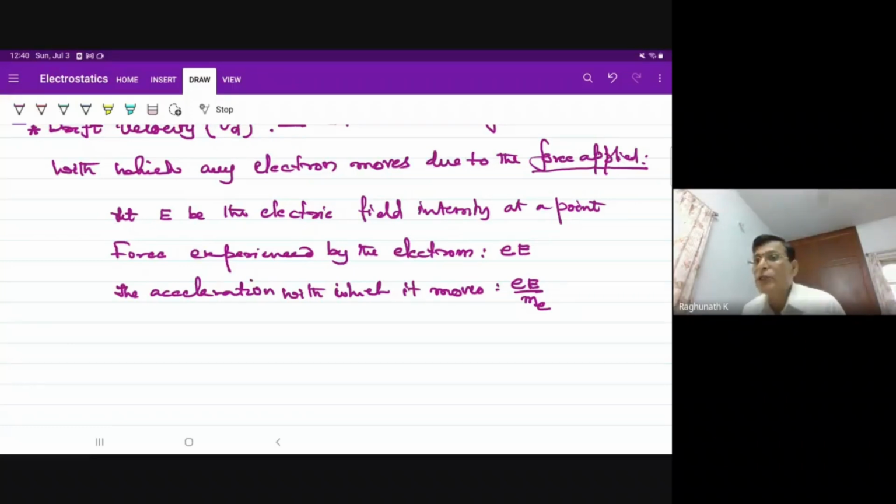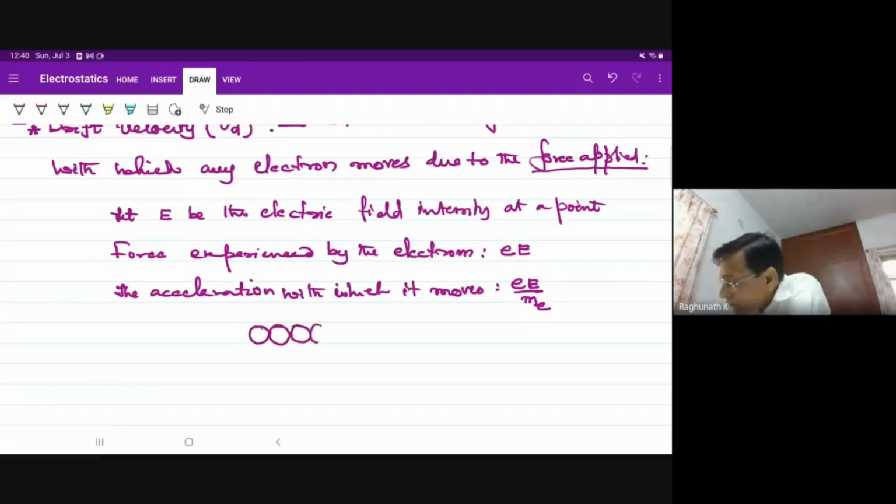Any cross section of the conductor at 0 degrees Kelvin temperature looks like this, in which these are the impregnable atoms for the electron. Electron cannot pass through these atoms.